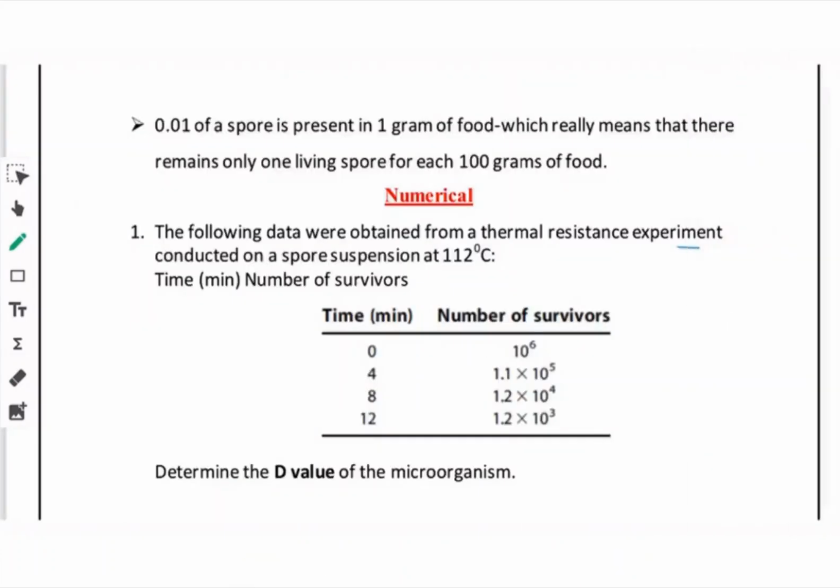If 0.01 of a spore is present in 1 gram of food, what we understand from this is that there remains only 1 living spore for each 100 grams of food.